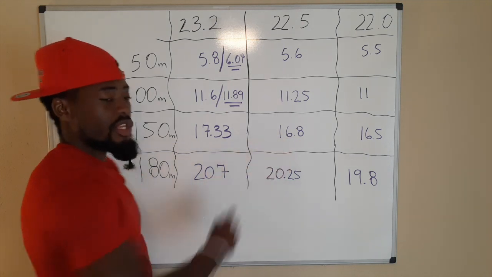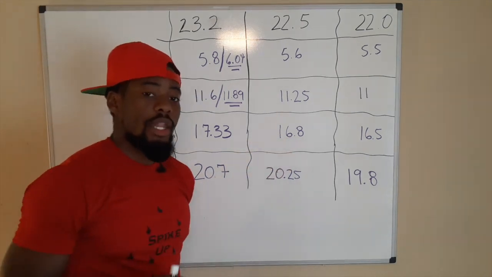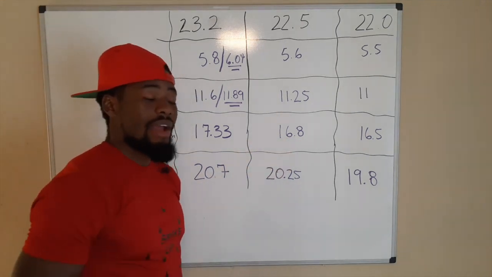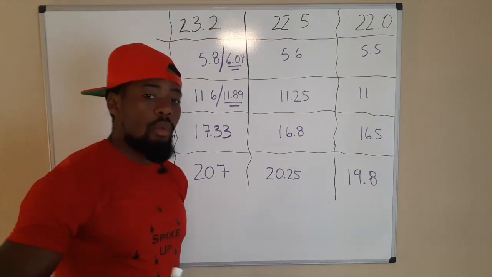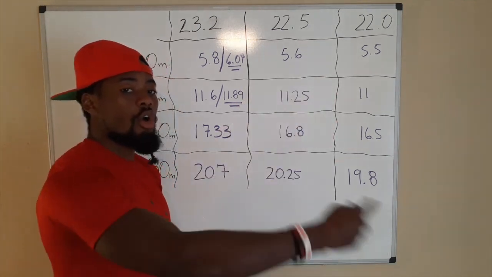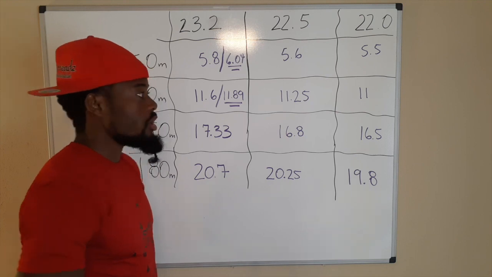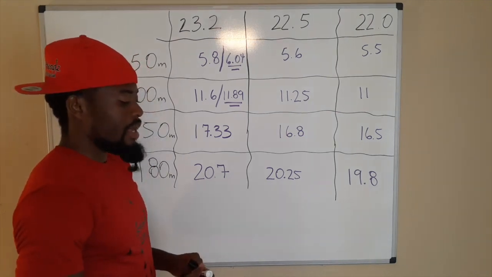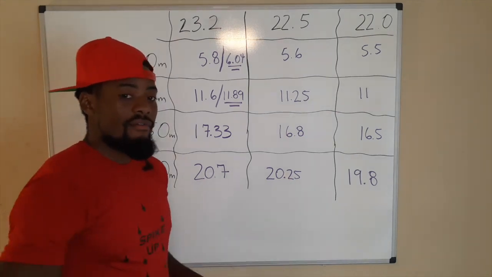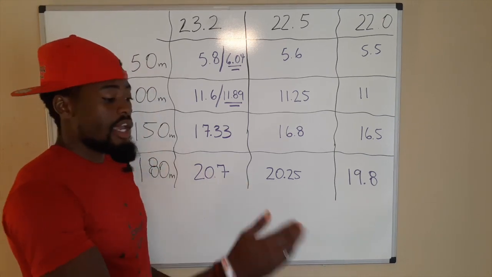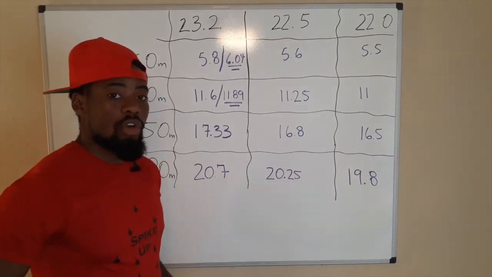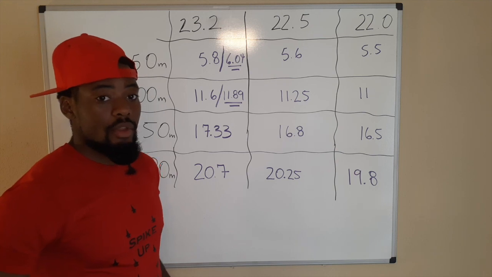What's interesting about this time, versus the 150 that I ran in practice the week before, is that the practice 150 was from the middle of the curve all the way to the finish line of the straight. So instead of it being the whole curve and then half of the straight like in a typical race, it was half of the curve and the full straight, which is a whole lot easier.